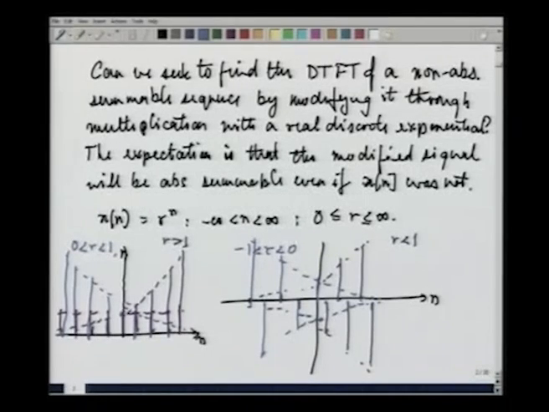Now, the last case, what happens if you take r equal to minus 1. Here also we have plotted, sorry, we will use a different color. When r equals minus 1, you get an alternate pattern of pulses, all of magnitude unity, but continuously reversing sign.